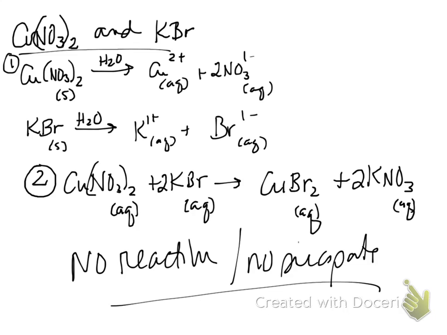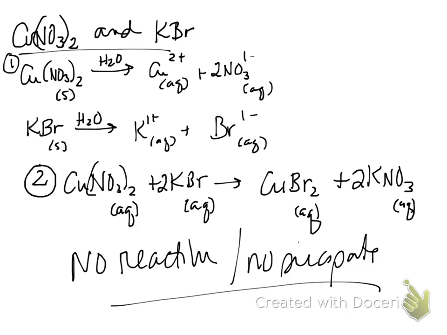Anytime that both of your potential products are soluble, no reaction happens. They all just keep floating around in solution, and they don't form a solid. That's what happened when I mixed things and there was no precipitate. We had 2 potential products, both of which were soluble. Okay? So now, does that feel fairly easy, fairly comfortable?